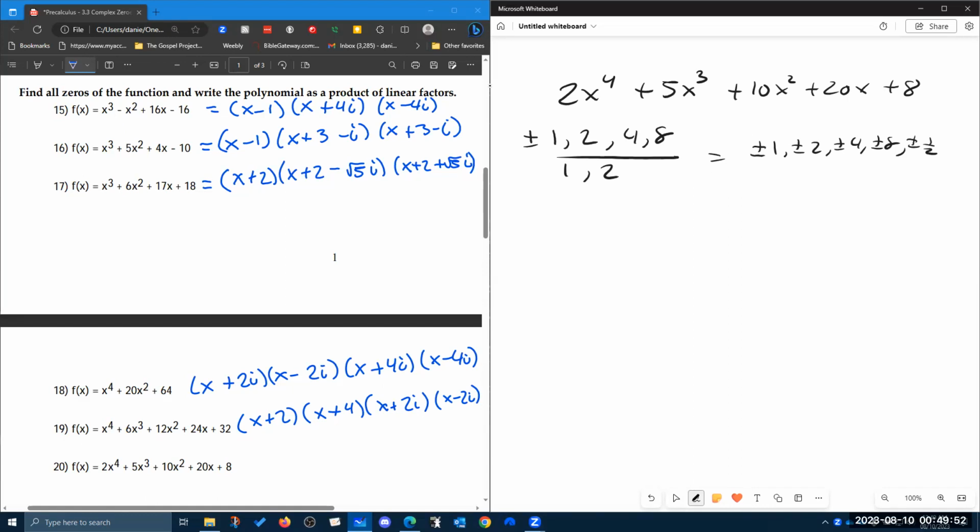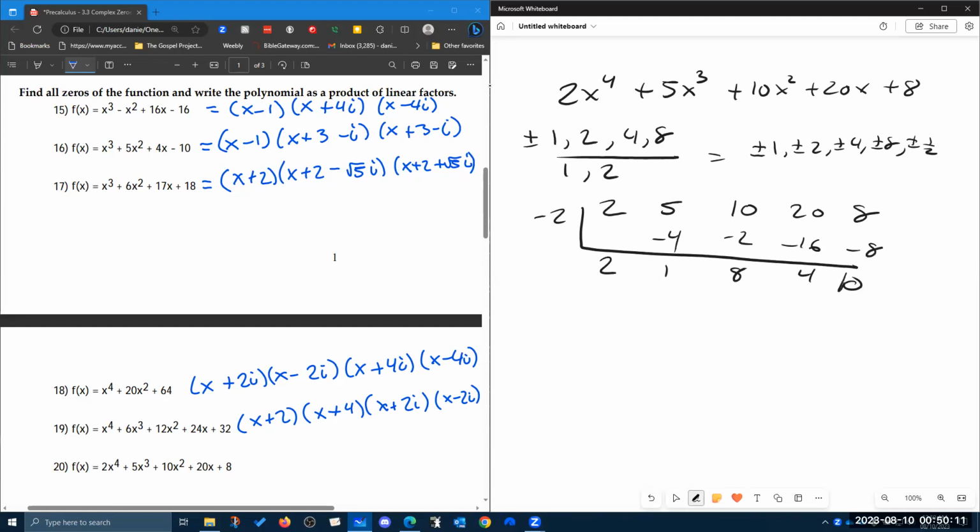Let's try a -2. Gives me x plus 2 times 2x to the 3rd plus x squared plus 8x plus 4.